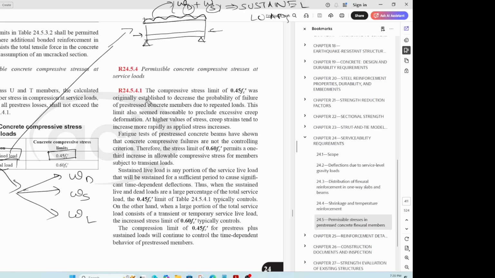So the UDL in this particular case is due to dead load, self weight, and also live load, and that is called pre-stress plus total load. In this scenario, you will have to check your limits using this particular row here, which is 0.6 f'c prime and not 0.45 f'c prime.